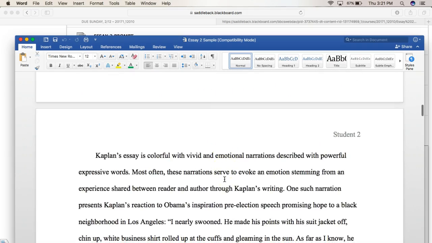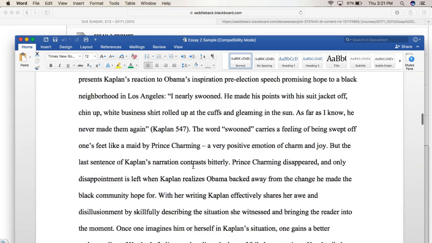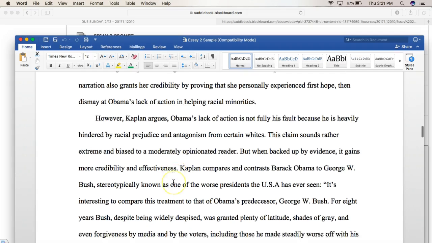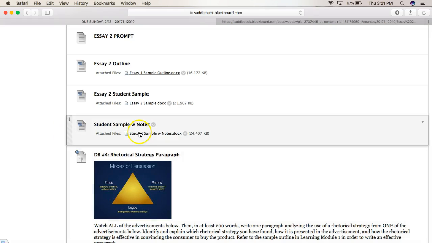So here, emotional narrations will be the first strategy she talks about. And she goes on to discuss many more strategies. So this sample is really well done, so I recommend you read all the way through it.